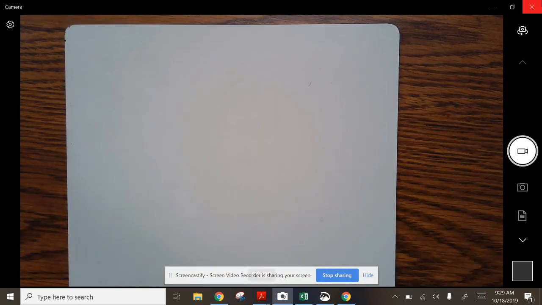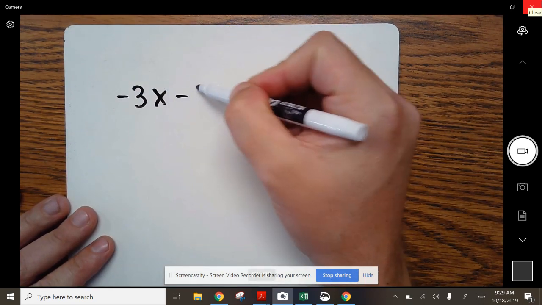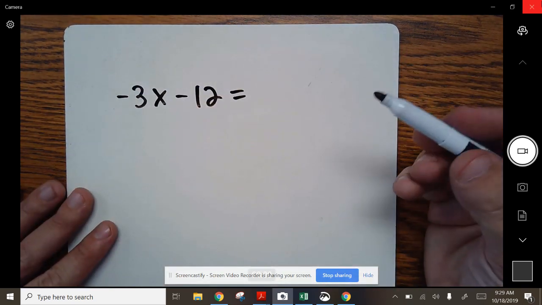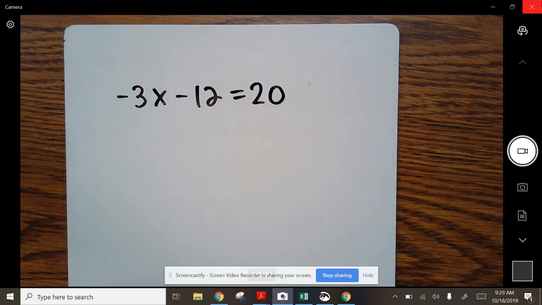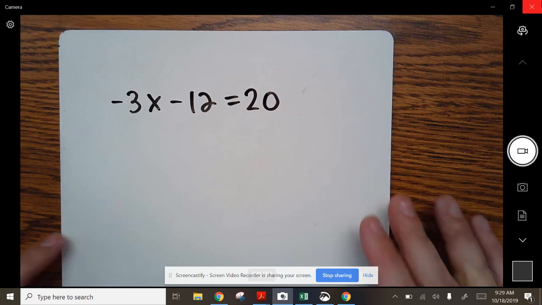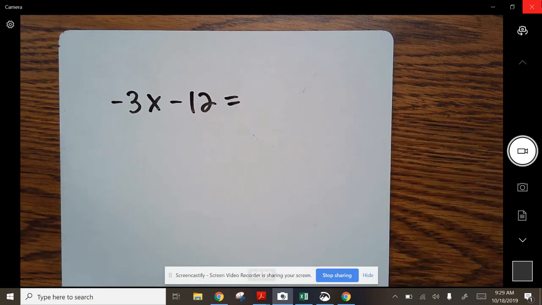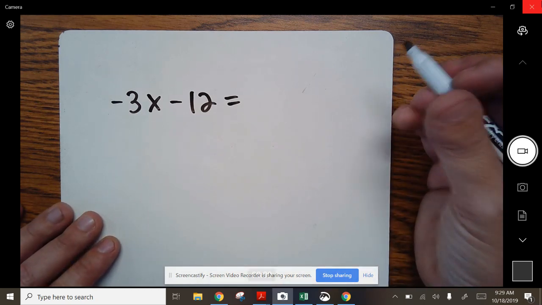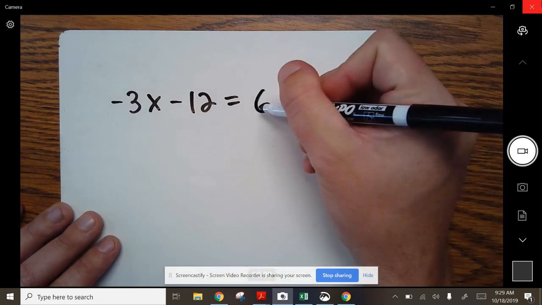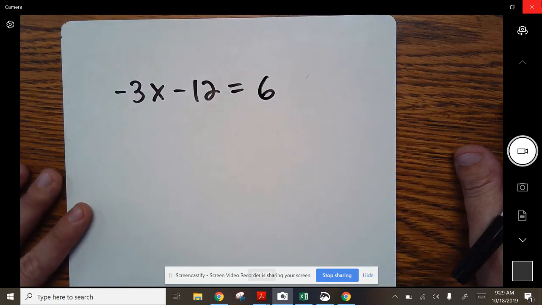All right, another problem I see here. Negative 3x minus 12 equals, maybe 20. Actually, let me change this up a little bit so it does work out nicely. Sorry. Equals 6. All right? So this step, I want you to go ahead and solve it and give me an answer.